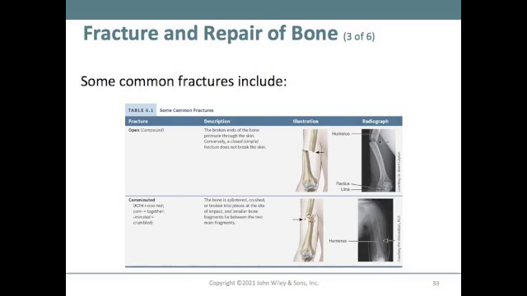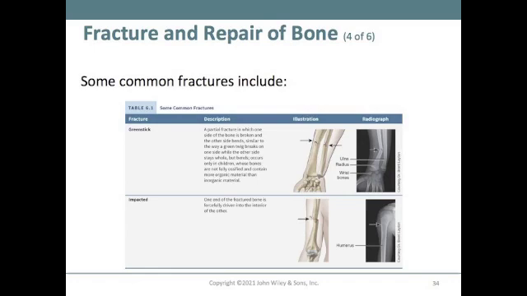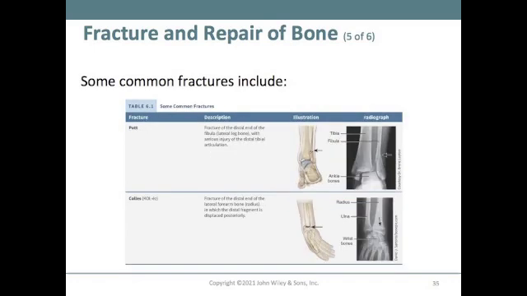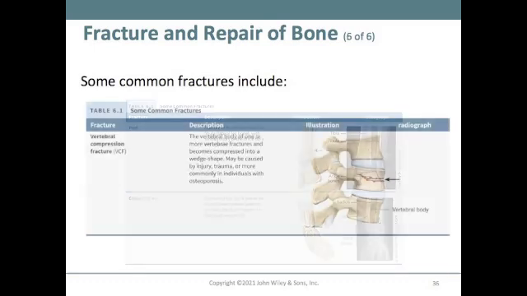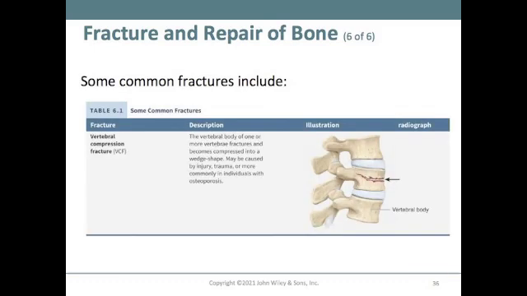So we see we've got the open, the comminuted, the greenstick, the impacted, the Pott's, the Colles, and the vertebral compression fracture. None of them sound too pleasant to me. Believe me, I've had broken bones before, and it is not something that I would wish on anybody. So if you've never had a broken bone, you're lucky.